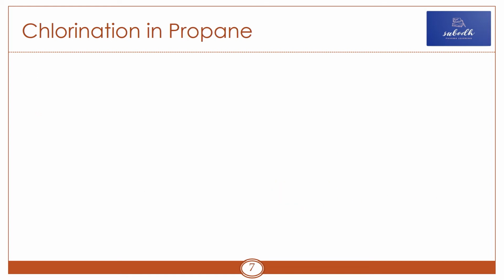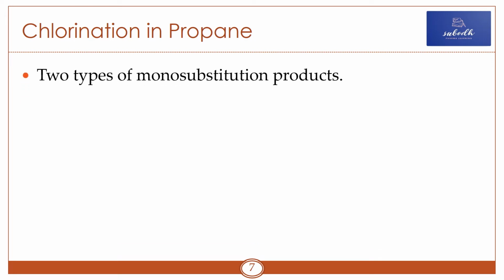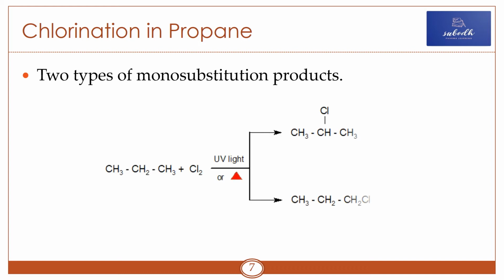Propane contains two types of hydrogens, that is primary and secondary. Therefore, it gives two monosubstitution products, that is 2-chloropropane and 1-chloropropane. A secondary hydrogen is more readily replaced than a primary hydrogen.